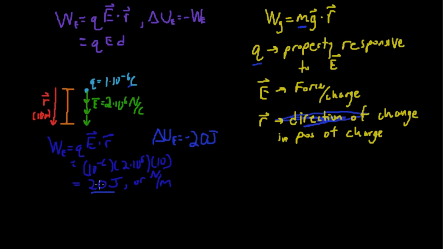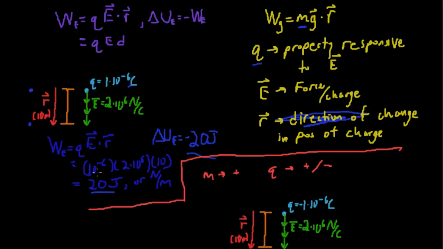And that's because we had the ability to do 20 joules more of work than we do at the end. So when it starts up here, we have the ability to do 20 joules more of work than when it gets to this point down here. So in the course of moving from the top to the bottom, we lose the ability to do more work.